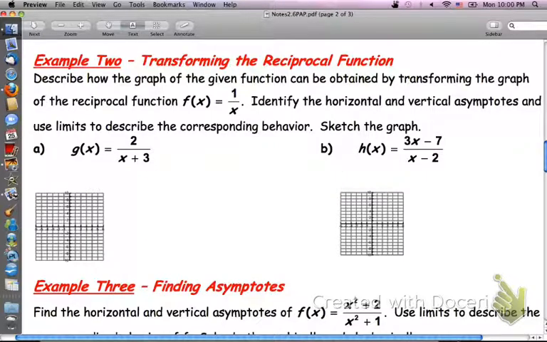Then for the right, it could be either positive or negative infinity. Let's see for sure.